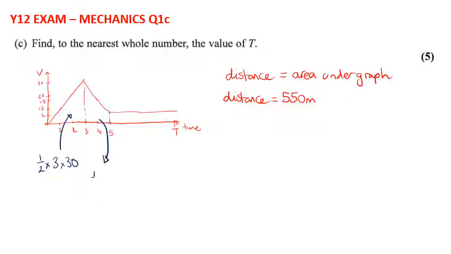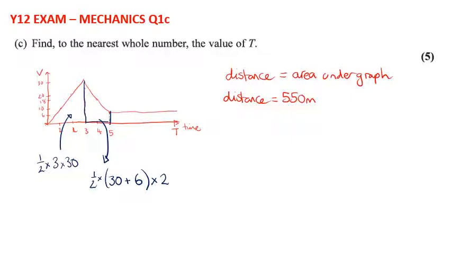So half of the sum of the parallel sides. Well, that is 30 plus this length here is 6, isn't it? 30 plus 6 times the distance between them, which is 2.